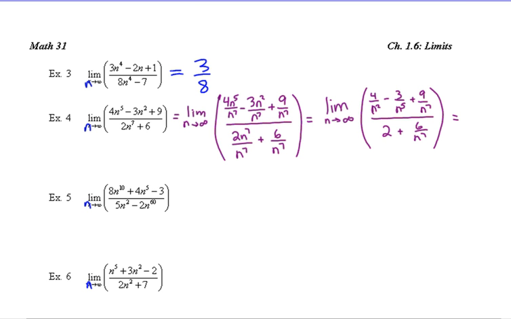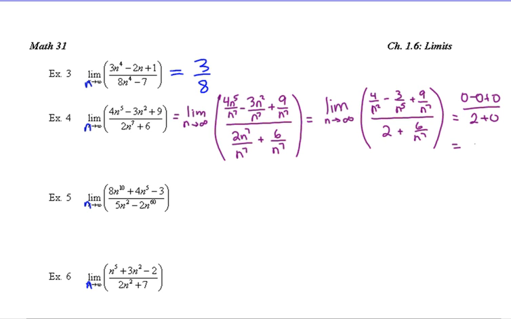But we're actually not going to be doing this every time, because we're going to come up with a shortcut. So you won't have to actually write it like this on your test. You'll be able to evaluate it really quickly. So what would that approach? 0 minus 0 plus 0 all over 2 plus 0. If you get 0 over a number, 0.